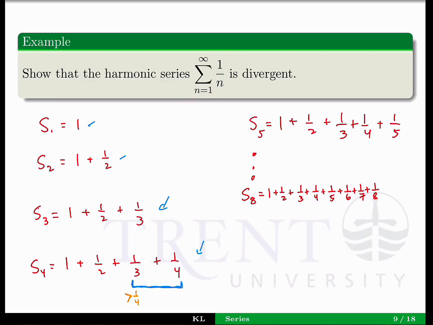So S4 is greater than 1 plus 1 half plus 1 fourth plus 1 fourth. But 1 fourth plus 1 fourth is equal to 1 half. So 1 plus 1 half plus 1 half.